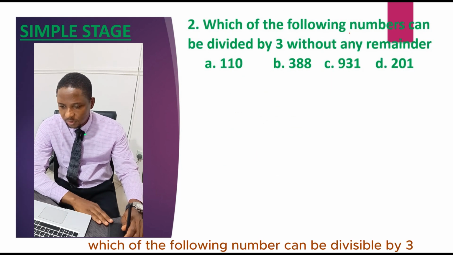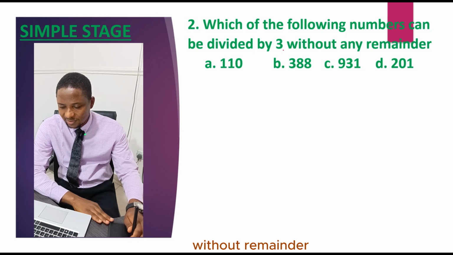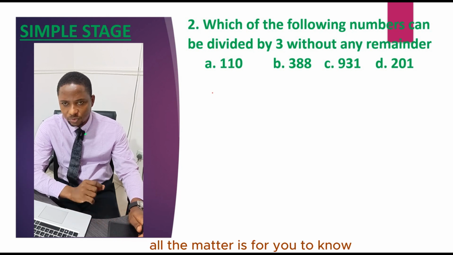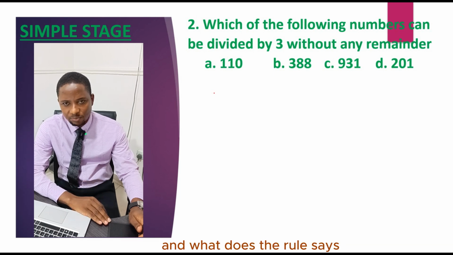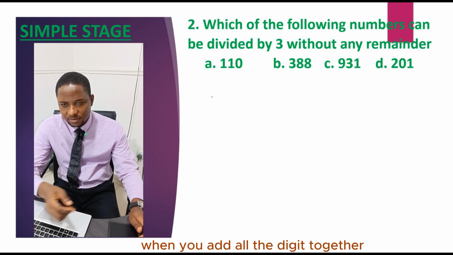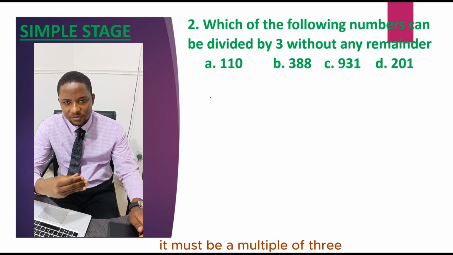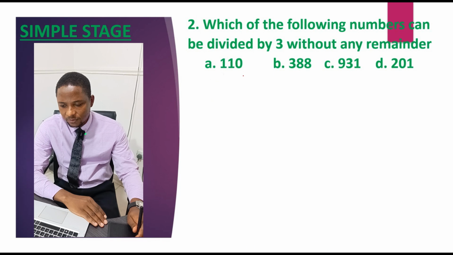Which of the following numbers can be divisible by 3 without remainder? All the matter is for you to know the rules of divisibility by 3. And what does the rule say? That when you add all the digits together, it must be a multiple of 3. If I add all these digits together, I'll be getting 2, so this is out.